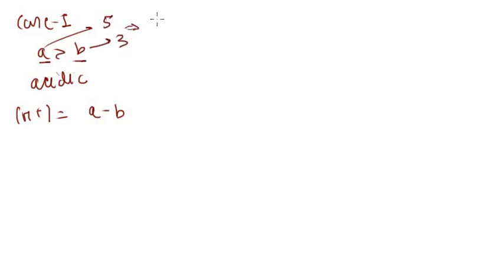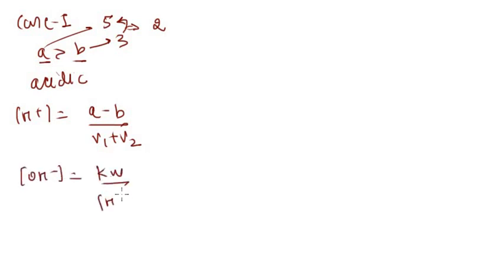So the remaining H plus will be 2 millimole, because 3 millimole of OH negative will neutralize 3 millimoles of H positive. Now divided by total volume, which will be V1 plus V2. Since we have mixed both the acid and base, the volume will be the summation of both. And similarly, OH negative in that case will be Kw over the H plus.